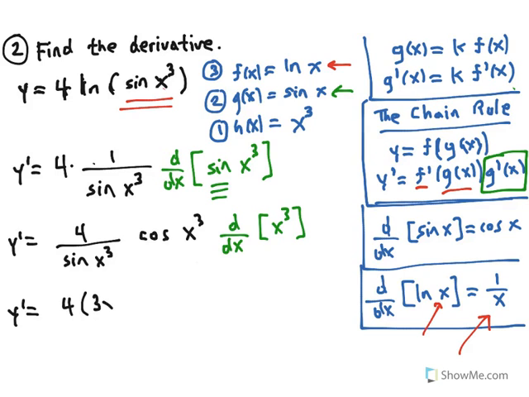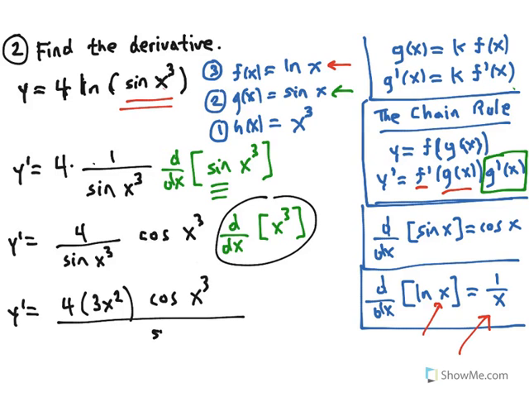So we have y prime is equal to 4 times 3x squared, 3x squared is coming from here, times cosine of x cubed over sine of x cubed. And of course, 4 times 3 is 12, so I can write 12x squared. And if I wanted to, I can do something here as well.